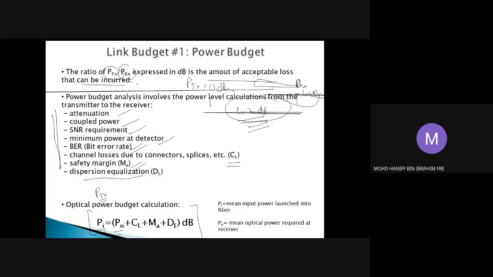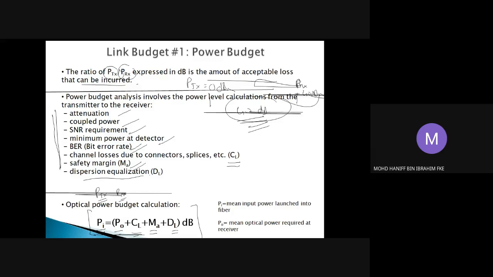P naught here is the mean optical power required at the receiver, so we use PRX. Then we have CL, the channel loss due to the splices, MA, which is the system margin, and DL, which is the dispersion equalization.